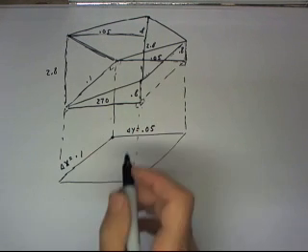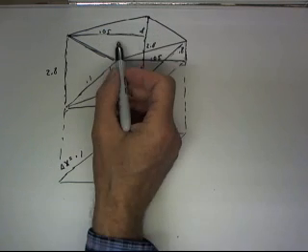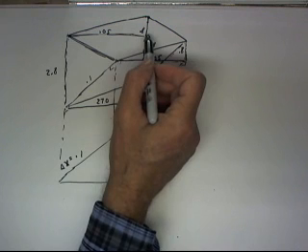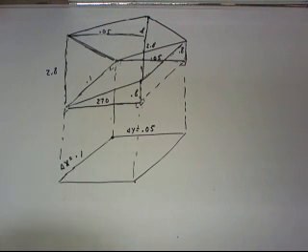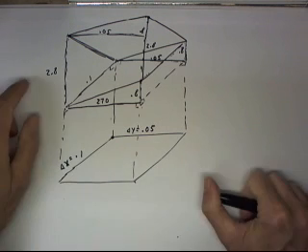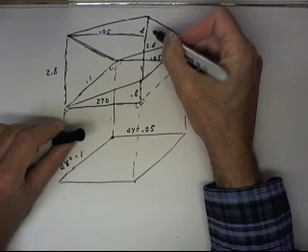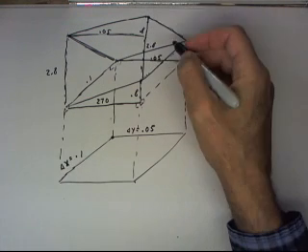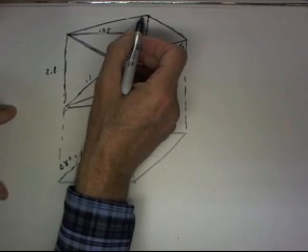Might be a little difficult to see exactly what should be shaded, what shouldn't. I've got a lot of extraneous lines here. But the top of this picture is going to consist of a plane, a part of a plane.